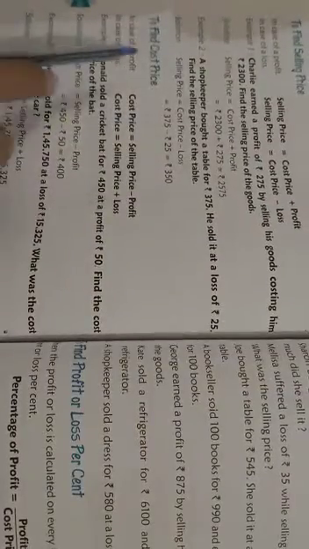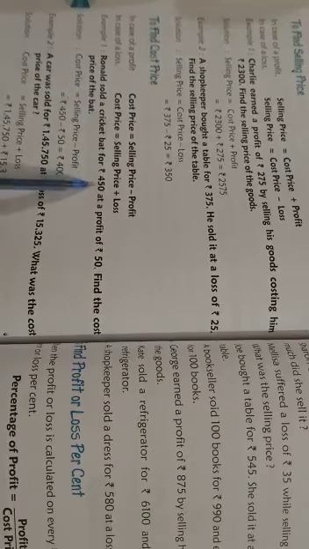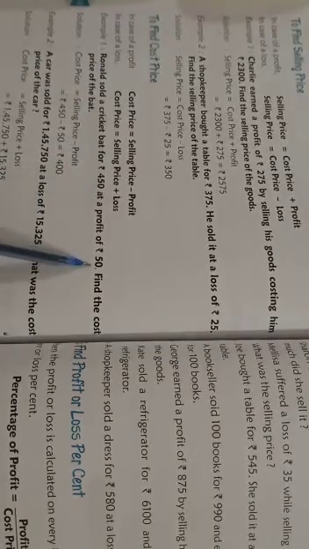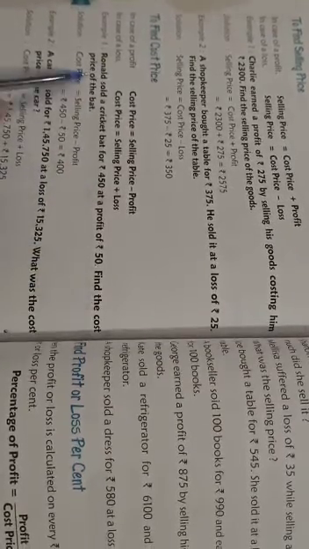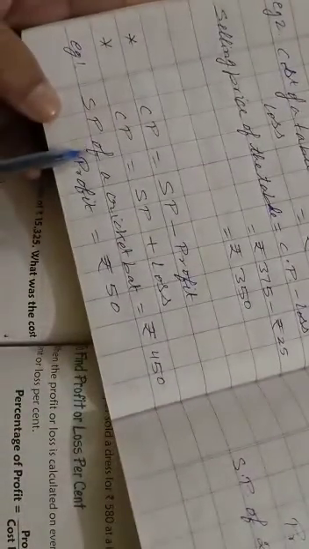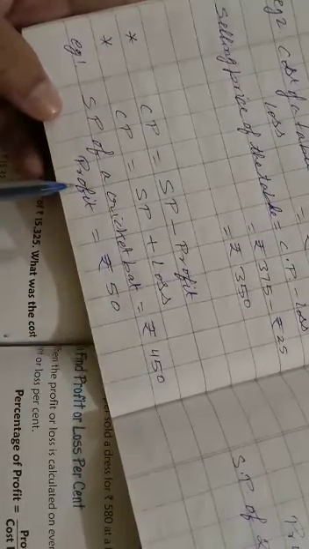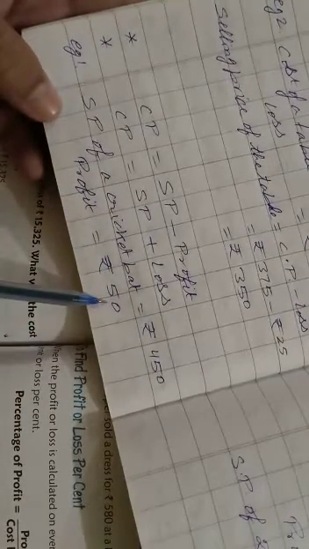Now next example 1. Based on cost price, Ronald sold a cricket bat for rupees 450 at a profit of rupees 50. Find the cost price of the bat. Selling price of cricket bat equal to rupees 450 and profit equal to rupees 50.